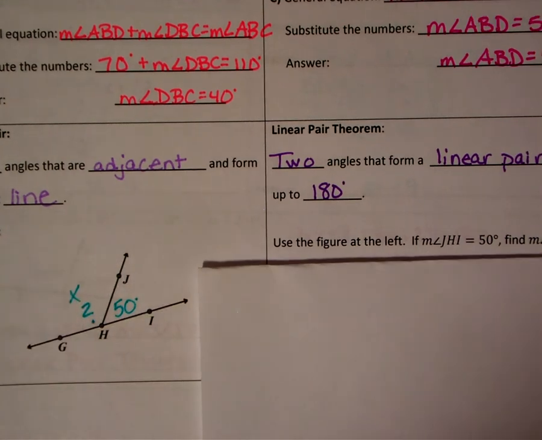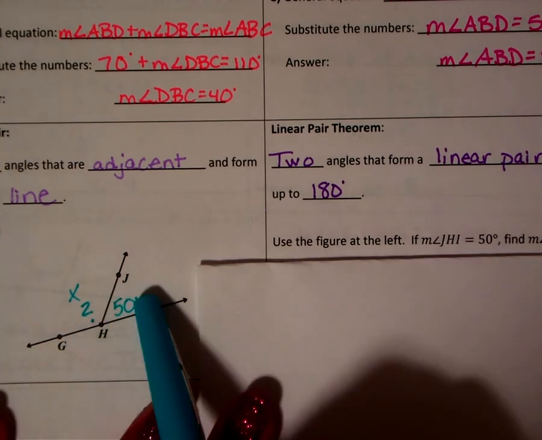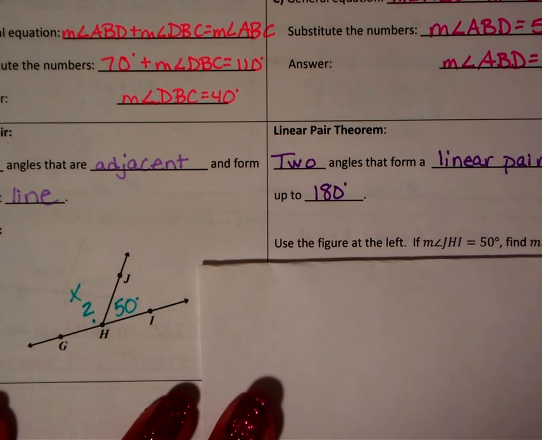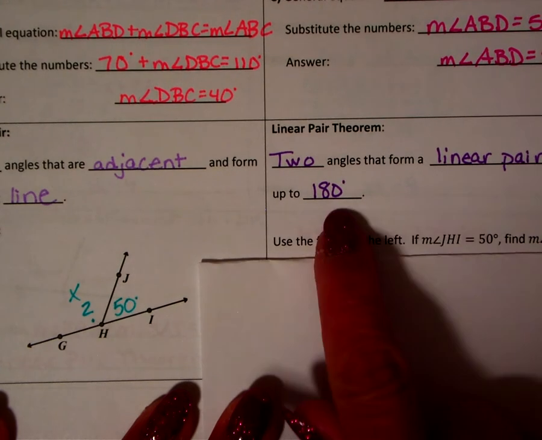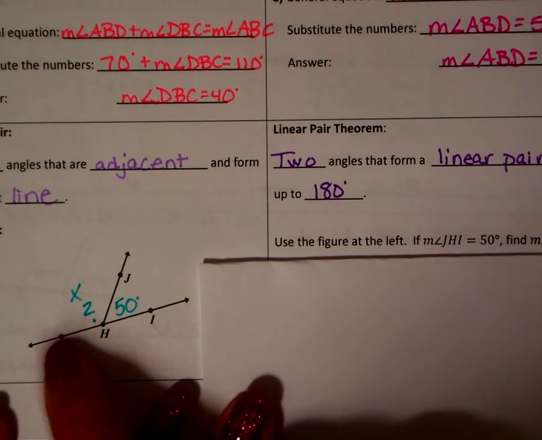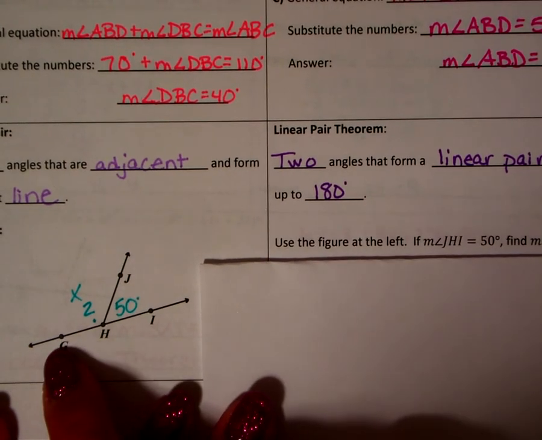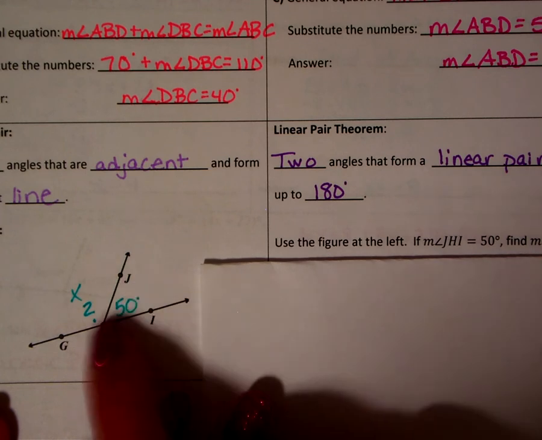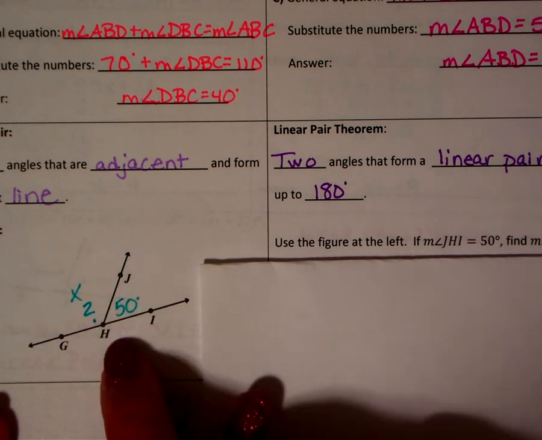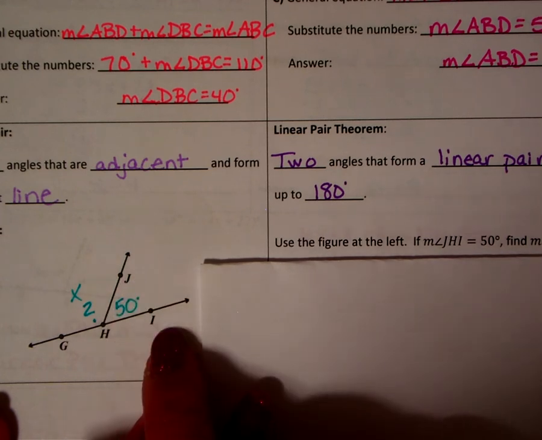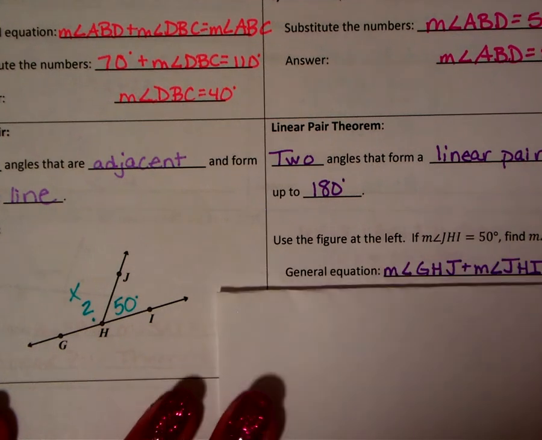So what's the general equation? Well, we know that this angle plus this angle equals what? Yes, 180 degrees. So we can say for the general angle that the measure of angle GHJ plus the measure of angle JHI equals 180 degrees. That's our general equation.